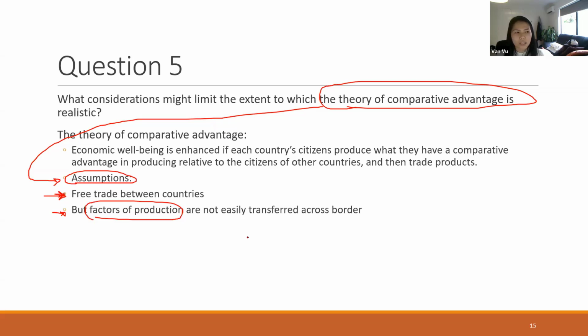And because it's not easy to transfer to other countries, the other countries can't produce cars as efficiently as I am. So for any country to have any specialization, therefore, the factors of production should be quite unique to that country.